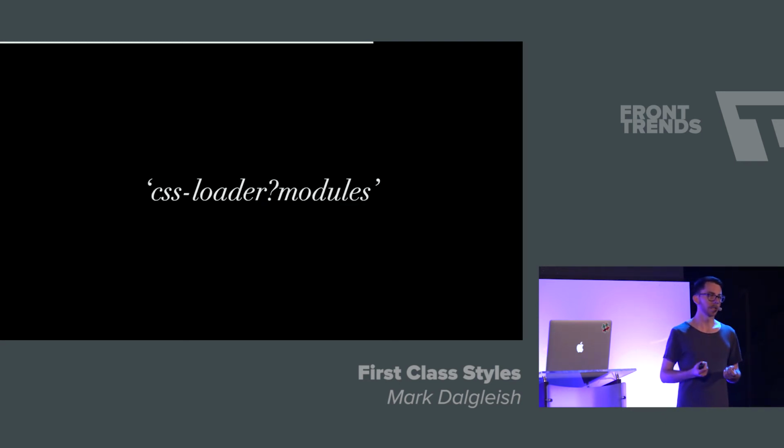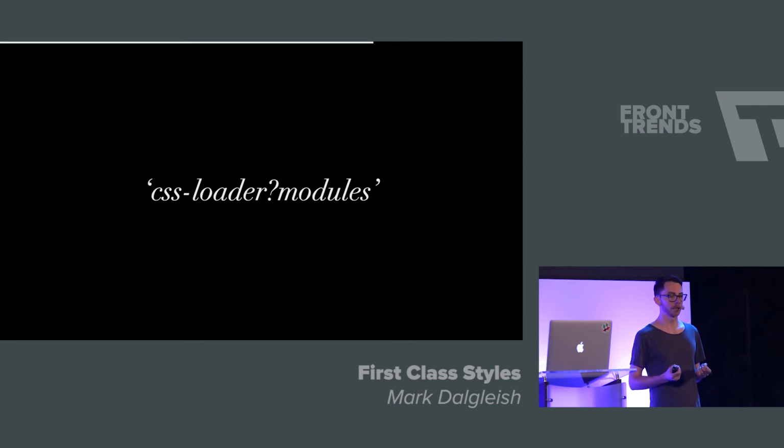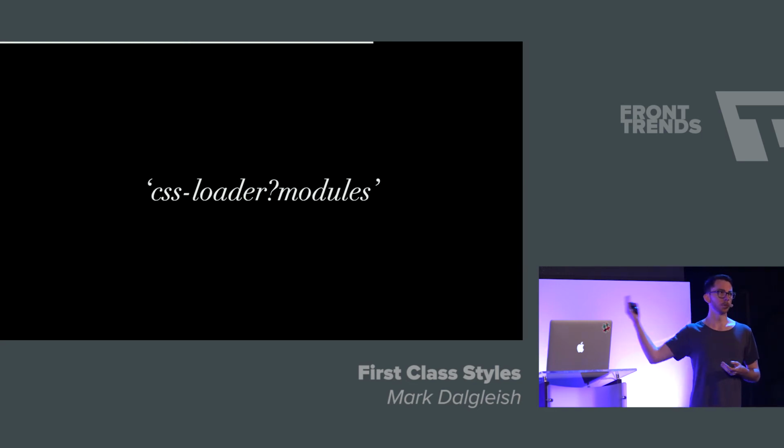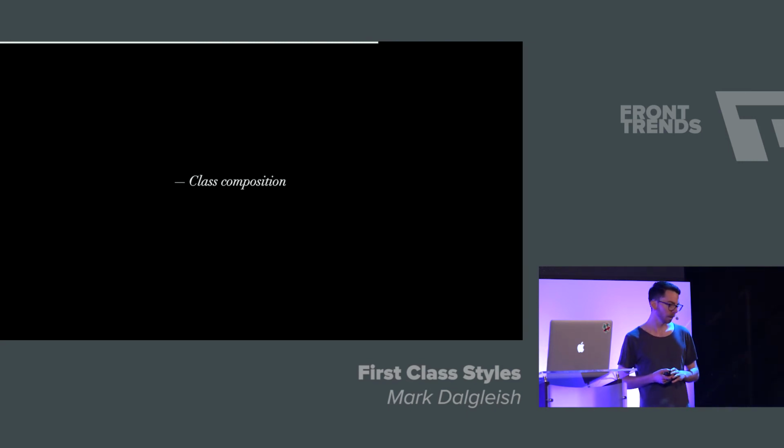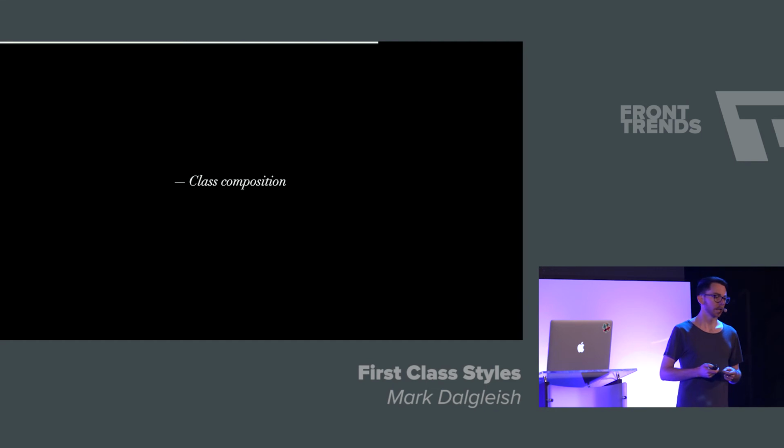And now it's available in CSS Loader, no longer as an experimental feature. It's now a first-class part of CSS Loader using modules mode, and it's very, very popular in that space now. A lot of people are using that. There are some other features in there that we've added. Class composition is a really interesting feature where styles.header could map to multiple classes, not just one.